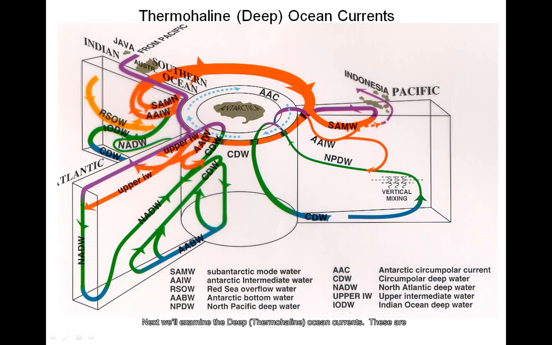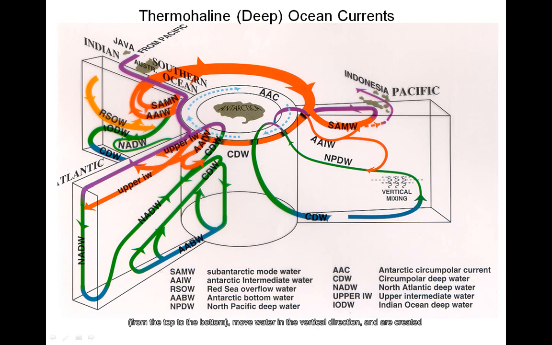Now next we'll examine the deep or thermohaline ocean currents. Now, these are considerably more complex than the surface currents, and I have this diagram up here to give you an idea of their complexity. Now these currents are different from the system of surface currents. The deep currents occur throughout the entire ocean, from the surface all the way to the bottom.